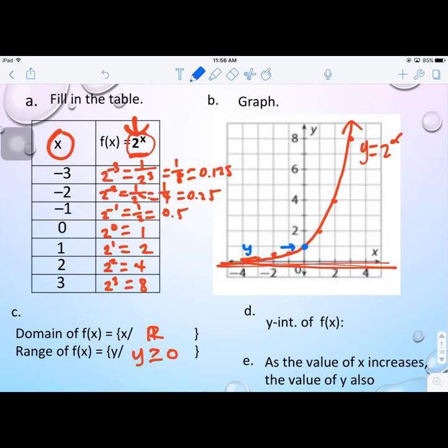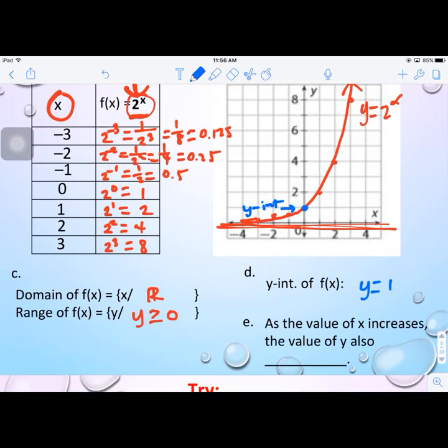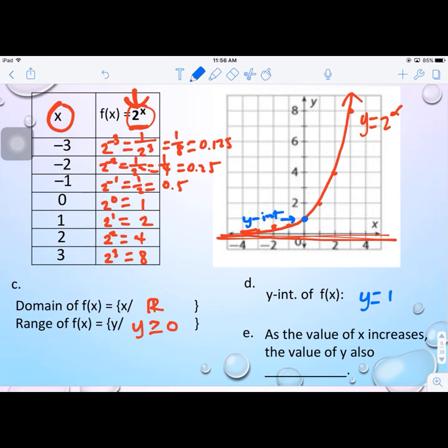So the y-intercept in this case is equal to 1. So y equals 1. And the last question: as the value of x increases, the value of y also increases, because as we go to the right-hand side, the values are going up. So we can say that it increases as well.